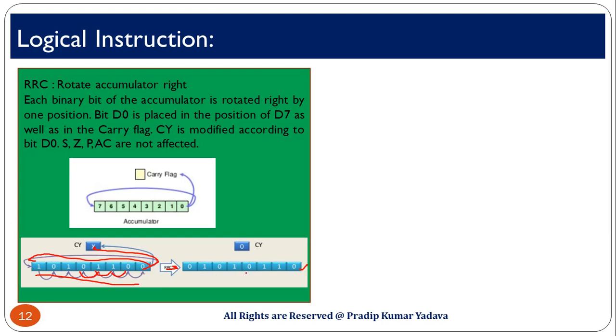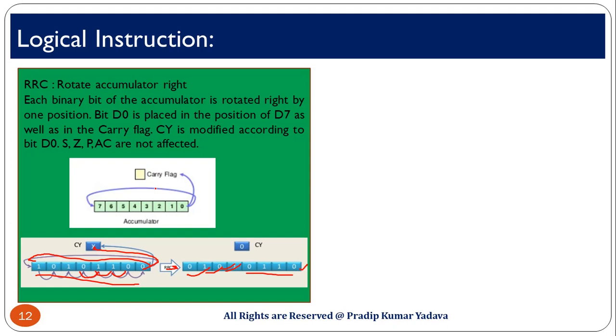Again here you can see 0 1 0 1 1 0 1 0. So, this is the process. You can easily understand how RRC is working, and the best thing is to try to do it on an answer sheet or a copy.